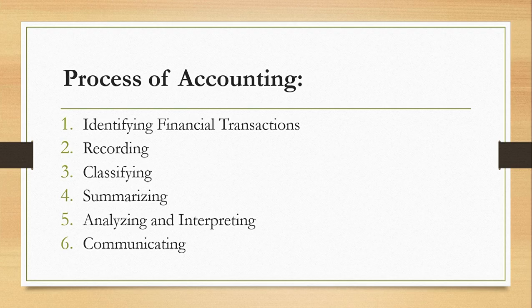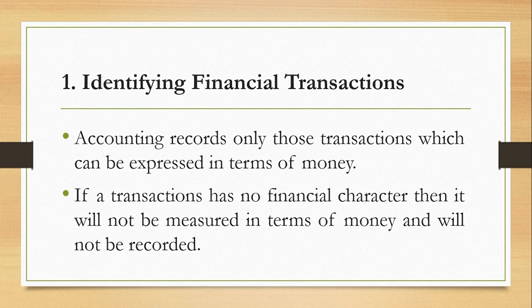Based on that trial balance, we prepare the financial statements, which are called the profit and loss account and balance sheet. We also call them the income statement and position statement. Then we try to analyze using the tools and techniques. We try to come up with the interpretation and then communicate the same to the interested parties. So, identifying financial transactions, accounting records only those transactions which can be expressed in terms of money.